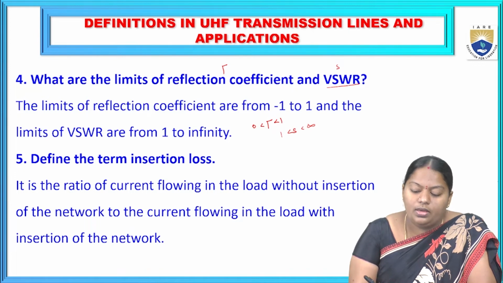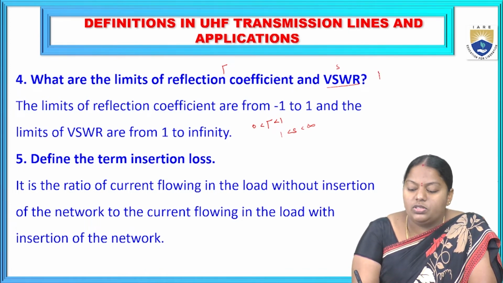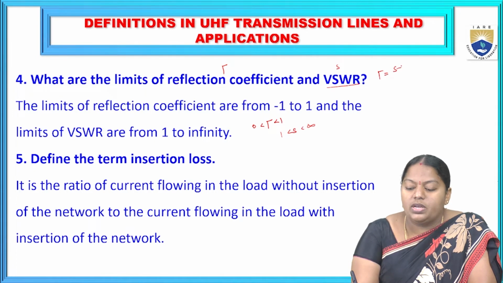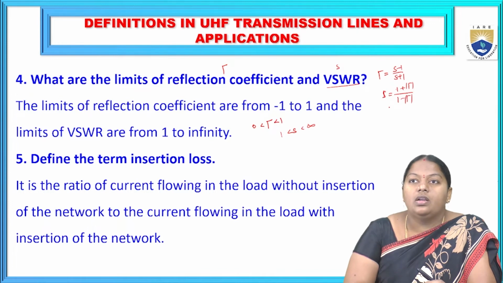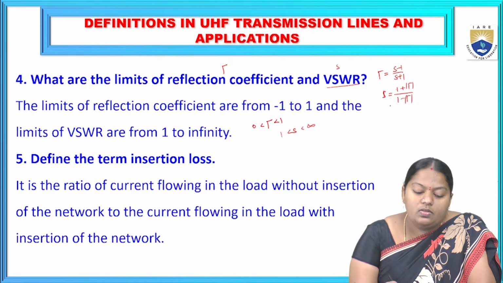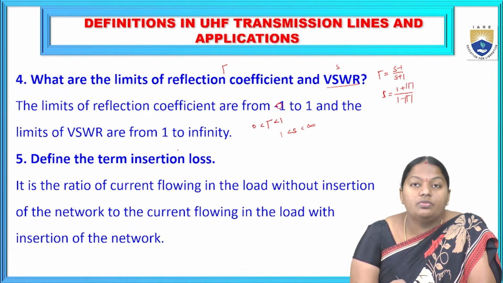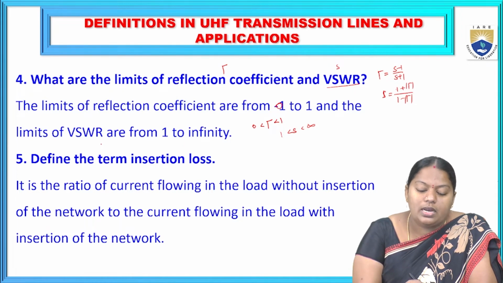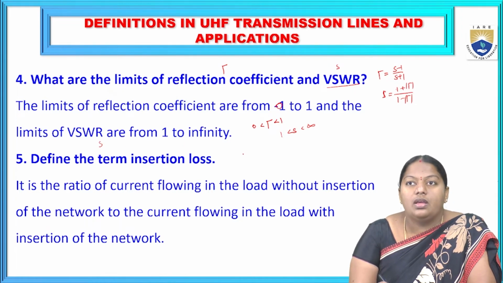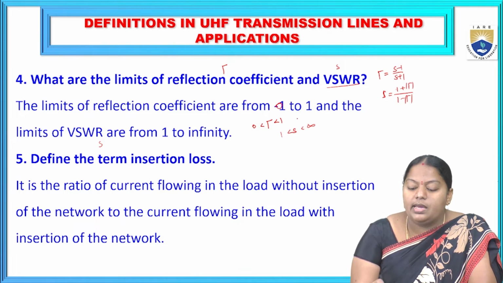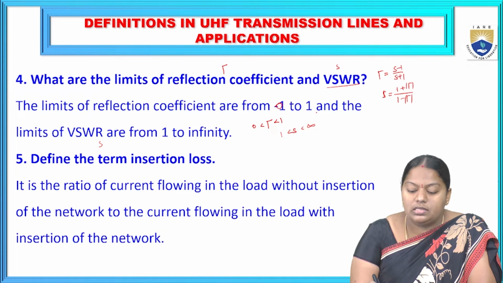The reflection coefficient gamma can be expressed as S minus 1 by S plus 1, and the standing wave ratio S can be expressed in terms of the reflection coefficient as 1 plus gamma by 1 minus gamma.